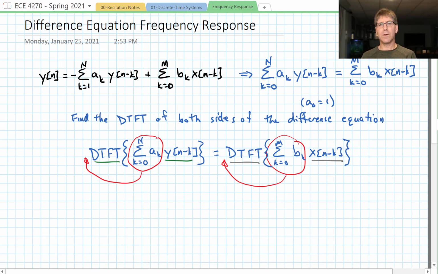We don't know what x is and we don't know what y is, so we just assume we can take the DTFT, which we can as long as there's not some strange infinite energy signal.